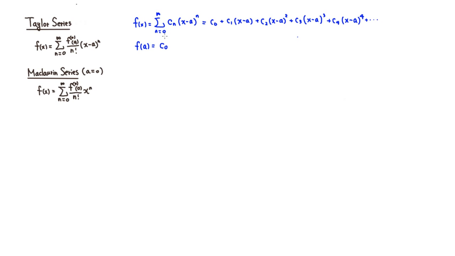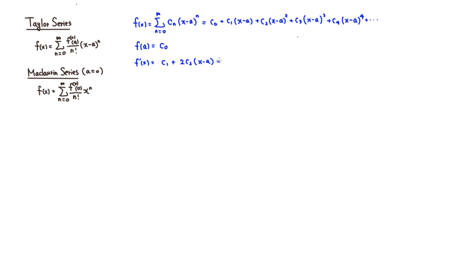So let's take the first derivative. f prime of x is going to be, well, the derivative of C0 is 0 because it's a constant. The derivative of C1 times x minus a is just C1. Then for the next term, using the power rule, put 2 in front; C2 is just a number, and then you have x minus a to the first power, subtracting 1 from the power.